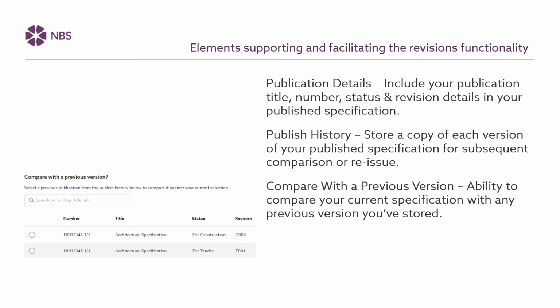You can decide whether to compare to an earlier version, and if so, which one. This list can also be filtered and sorted. I'm sure you'll appreciate, therefore, that consistency and completeness with the details you enter would be greatly beneficial to yourself and your colleagues.